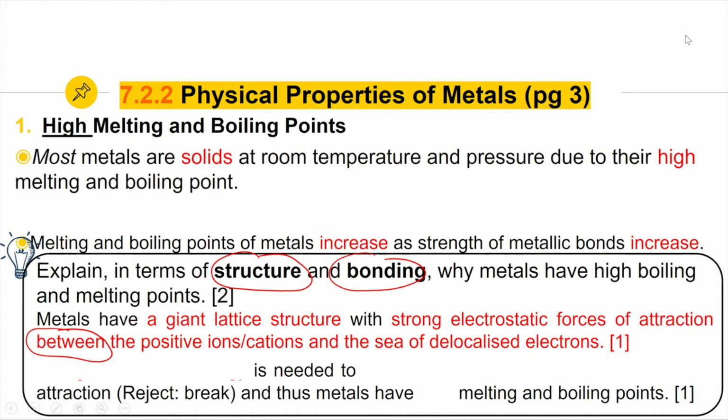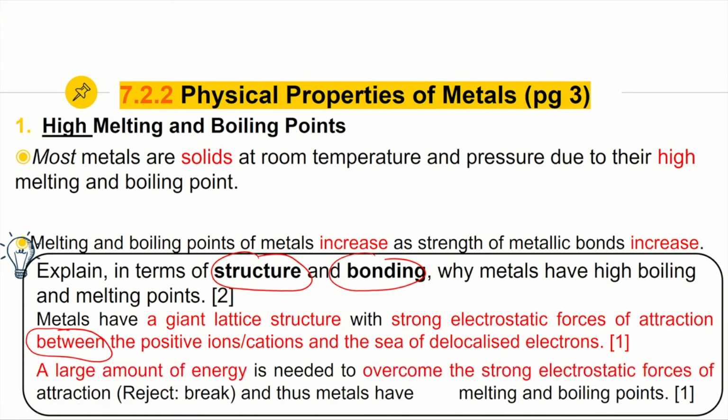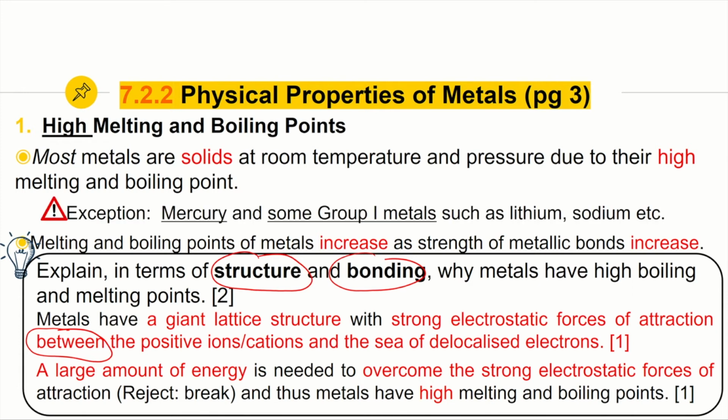And because of this structure and bonding, it is very strong. I need a lot of energy to overcome these strong forces, and therefore metals have high melting and boiling point. The stronger the forces of attraction between positive ions and the sea of delocalized electrons, the higher the melting point and boiling point, because more energy is needed to overcome it.